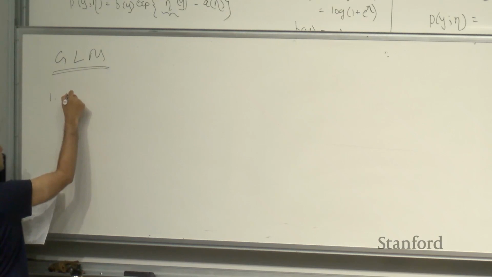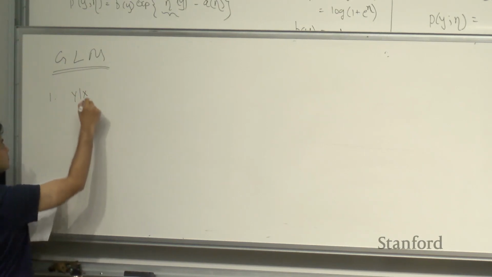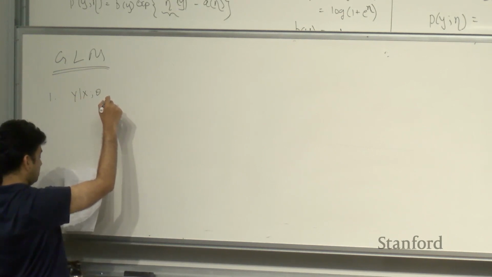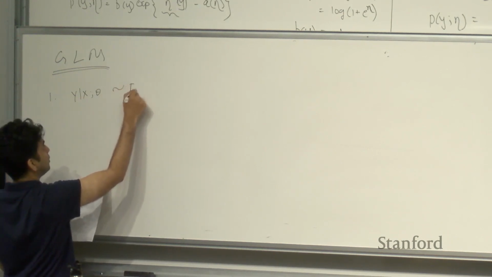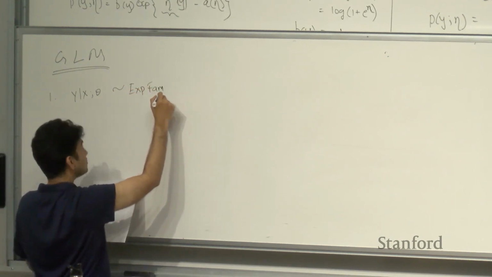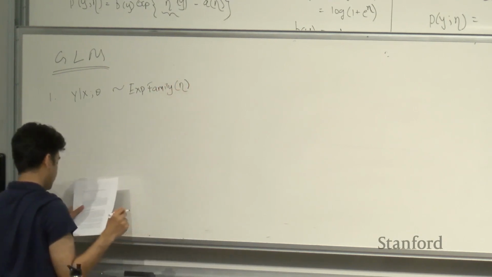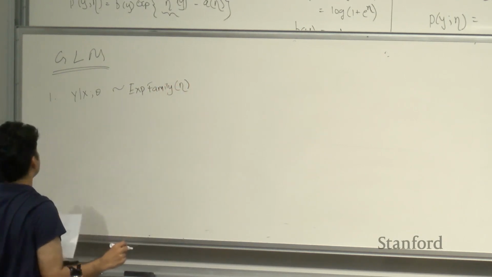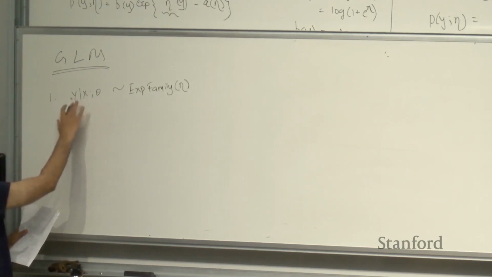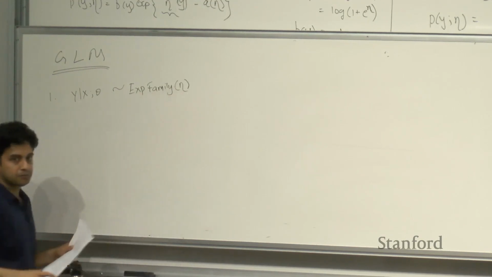First, we make the assumption that y given x belongs to an exponential family with respect to eta. That is, given x and some theta, y now belongs to some exponential family whose parameter is eta.